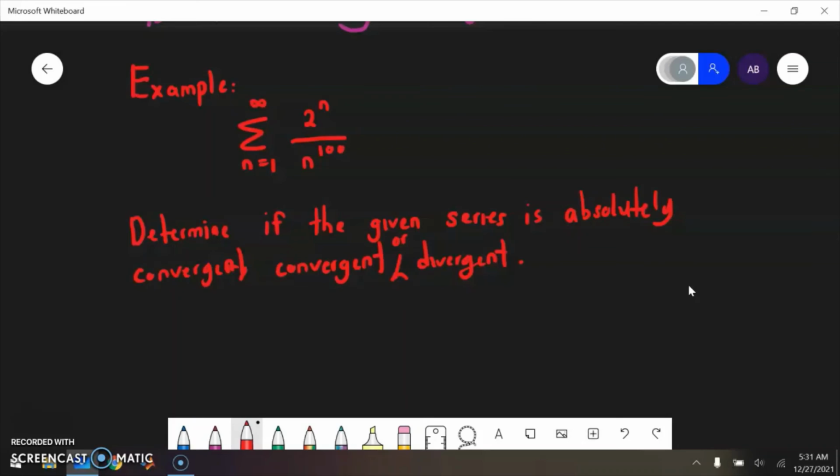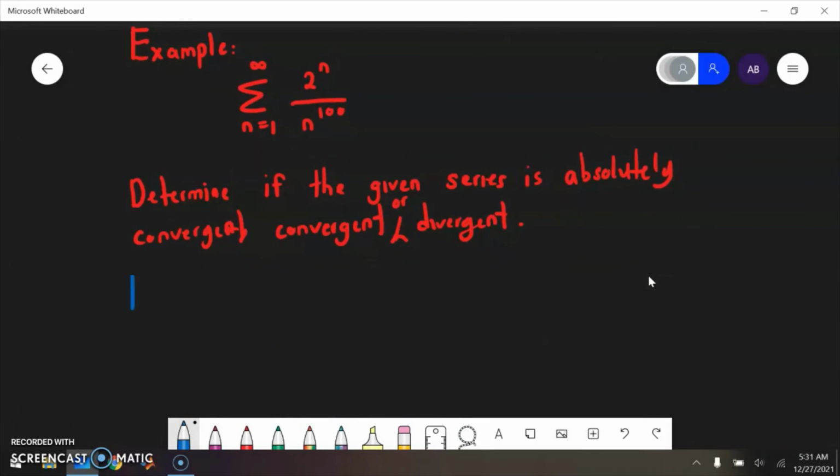Normally if you're given something called absolutely convergent here, you could do the absolutely convergent test, but that would not tell you anything about whether the series converges.